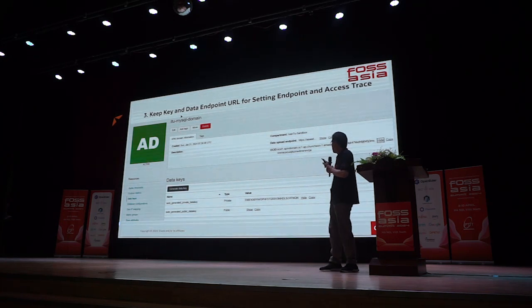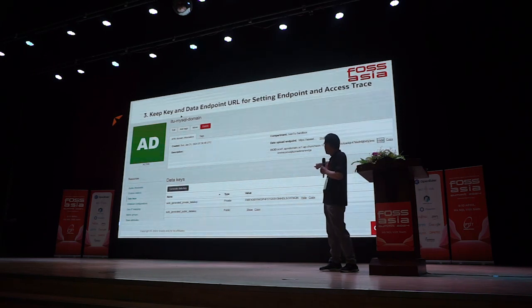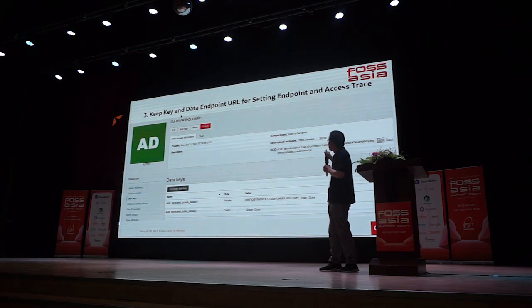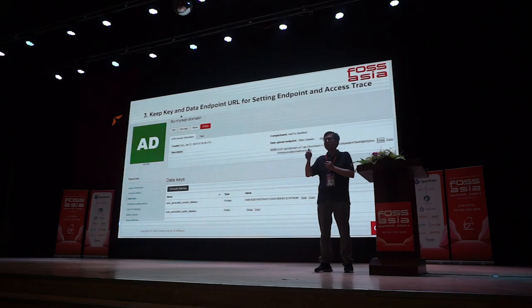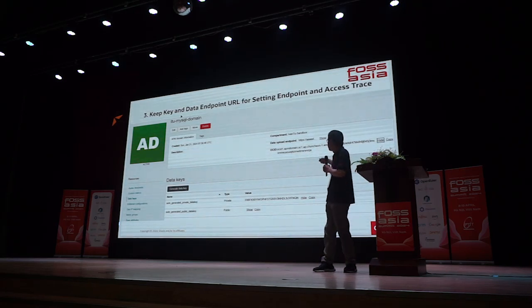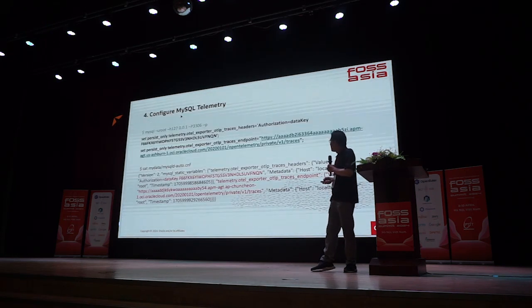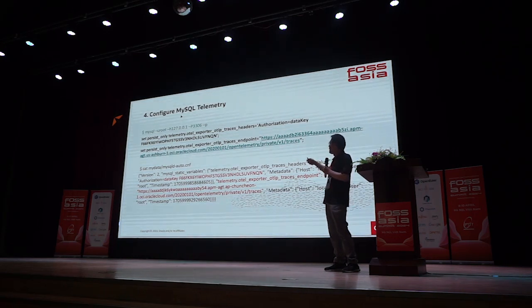One is the authentication information, which you can find from the data key, the private key here. The other is the endpoint, because the communication uses HTTP, so you need to find the HTTP URL.